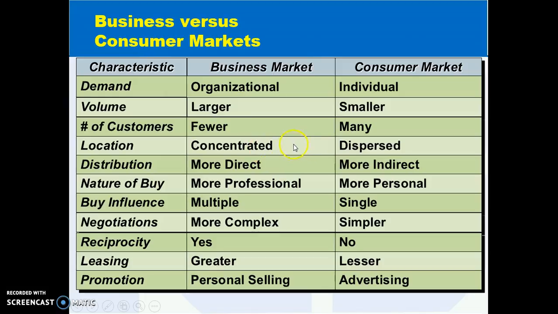Location: most business buyers are sometimes concentrated in a given geographic territory, and consumer markets are highly dispersed across the country. And this concentration of business buyers is very typical. It varies from industry to industry. You must have noticed how the auto industry is located in the Detroit area, Detroit, Michigan, Ohio area.